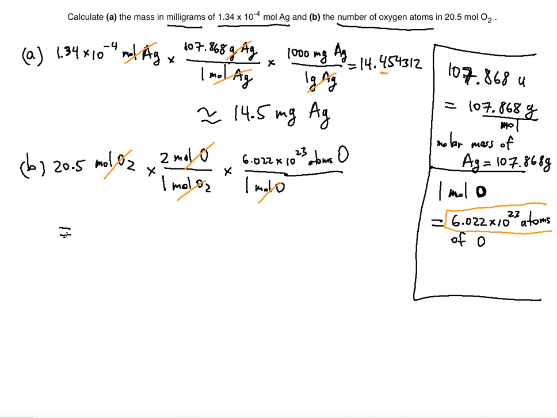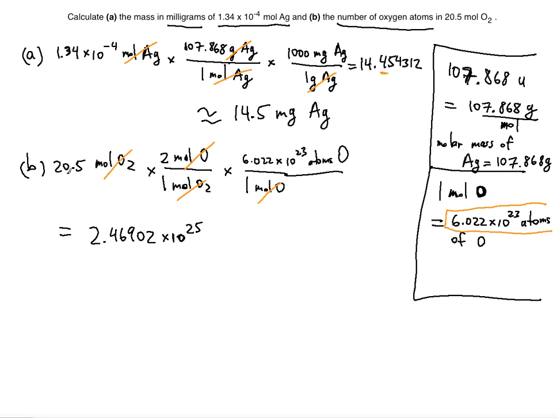So using the calculator, 20.5 times 2 times 6.022 times 10 to the 23rd. My calculator gives me 2.46902 times 10 to the 25.